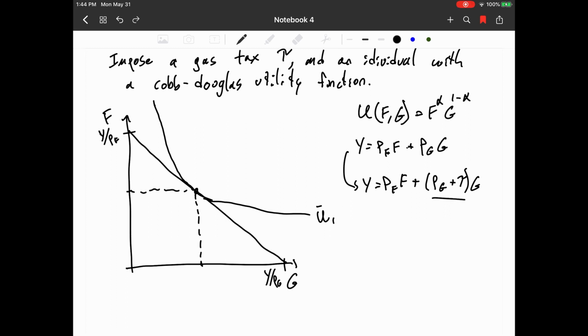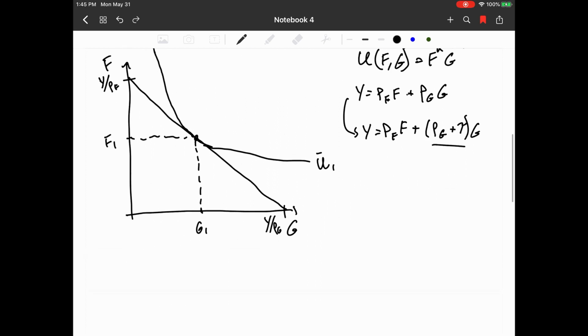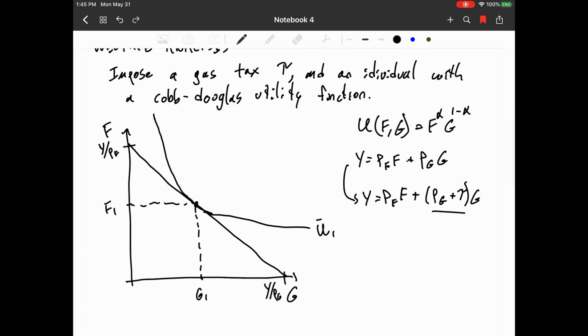And let's just call these F1 and G1. Okay, so at this point we have our consumer's problem as a model, and we have this concept of a tax.